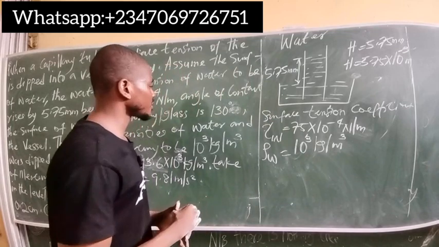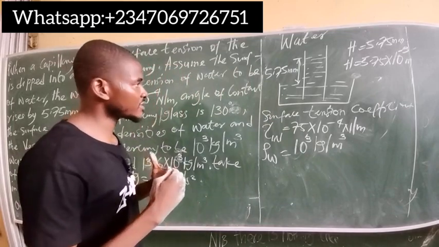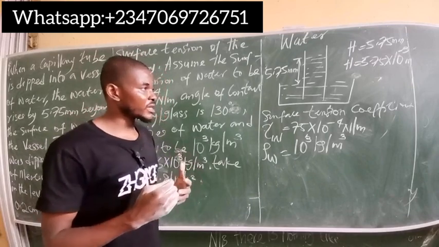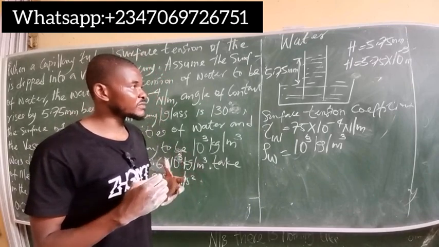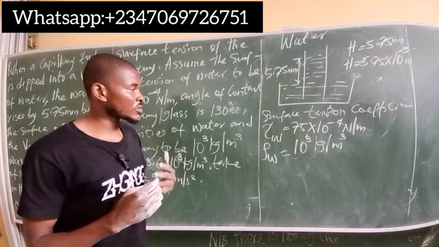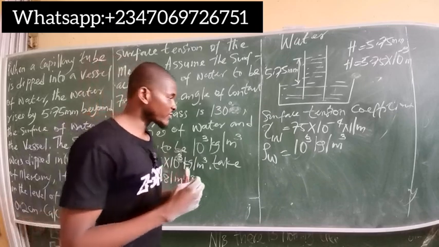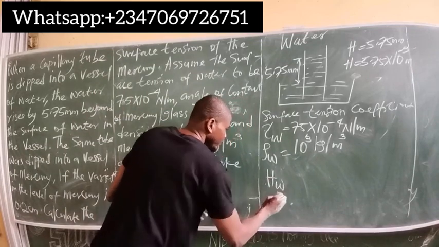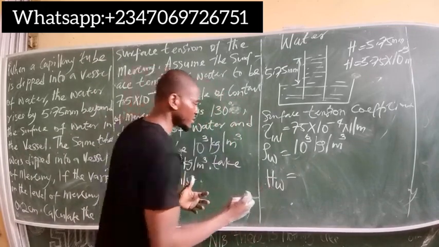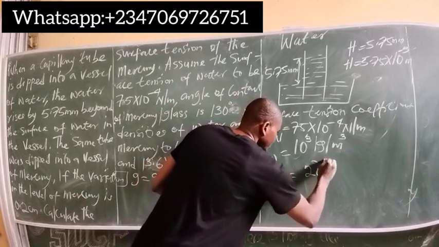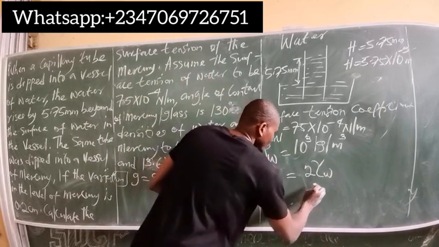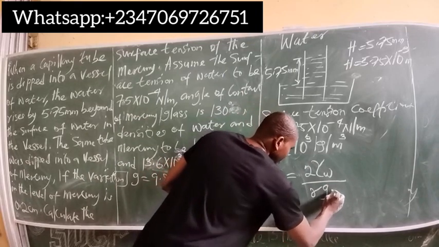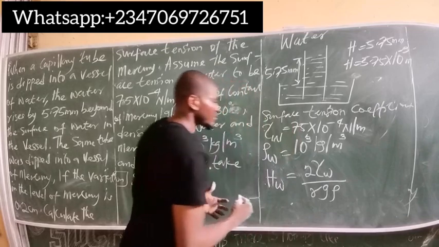Now the condition says this same tube is dipped into a vessel containing mercury. First of all, what is the variation in height for water? From the formula, it is given as 2 times the surface tension coefficient of water over the radius of the tube times gravity times density of water.